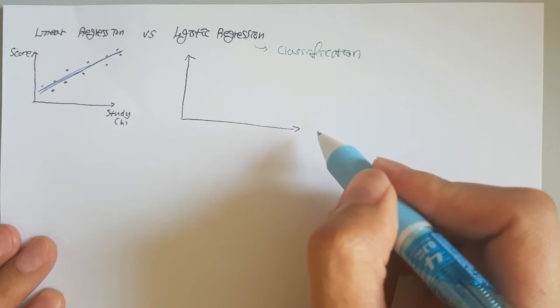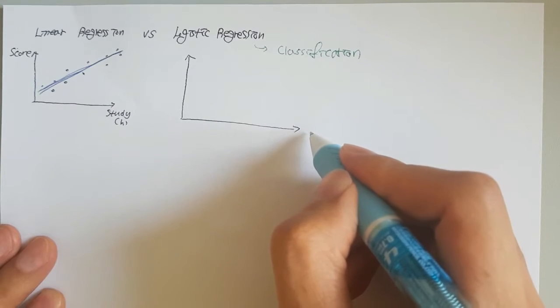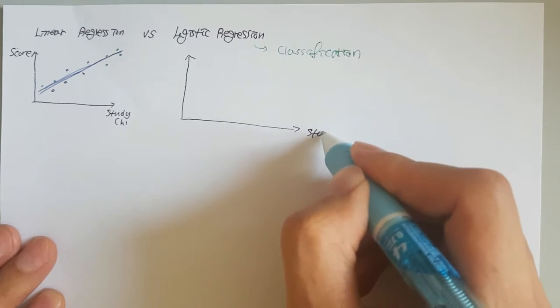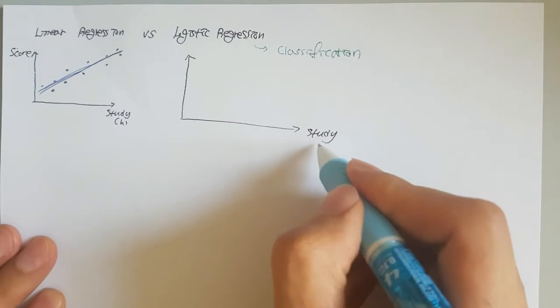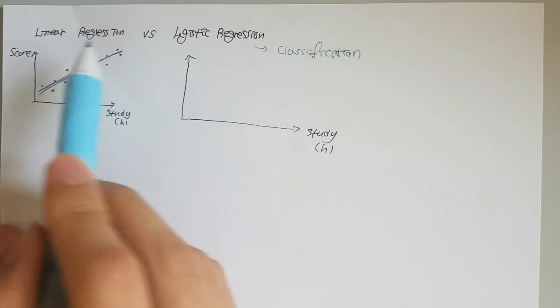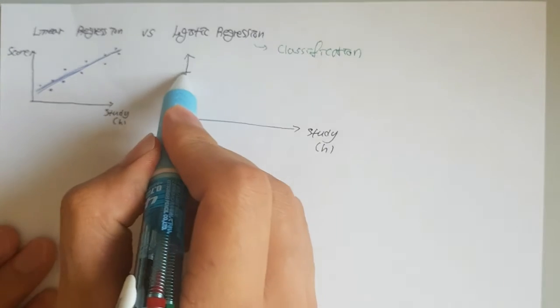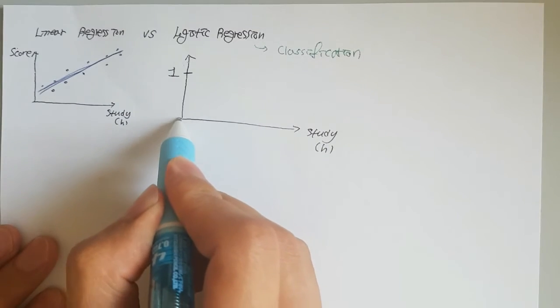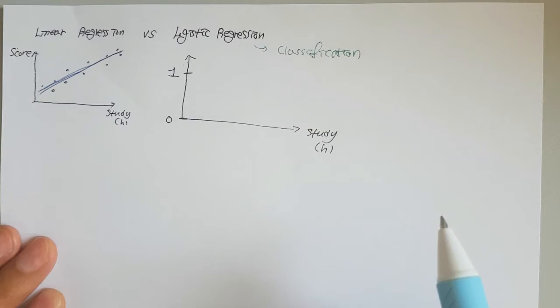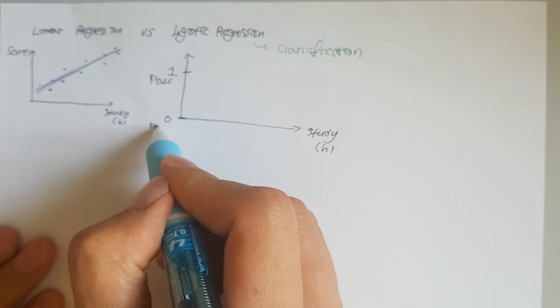Therefore, there is 0 and 1, or pass or fail, live or die. So it will be the same with study hour, but because it is not a continuous value, it will be a value like 1 or 0, because it is the binary case. So I will say this is pass or this is fail.